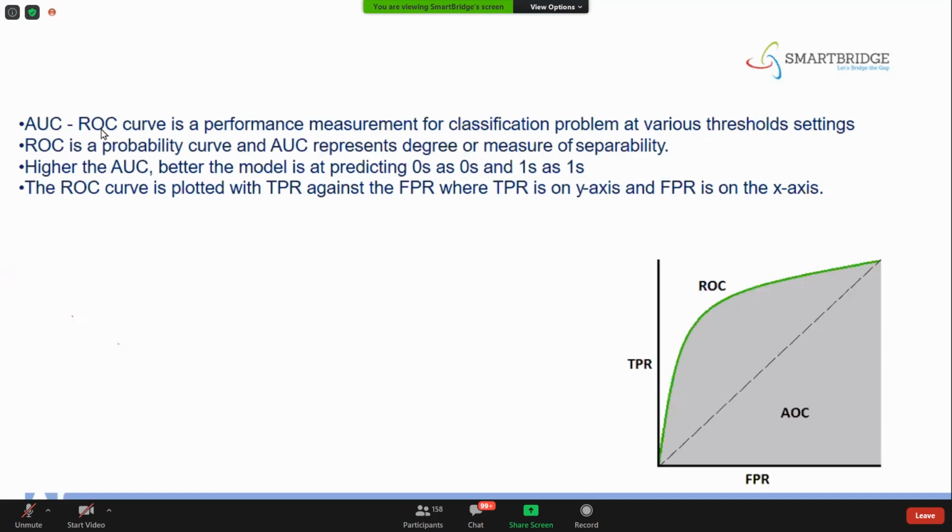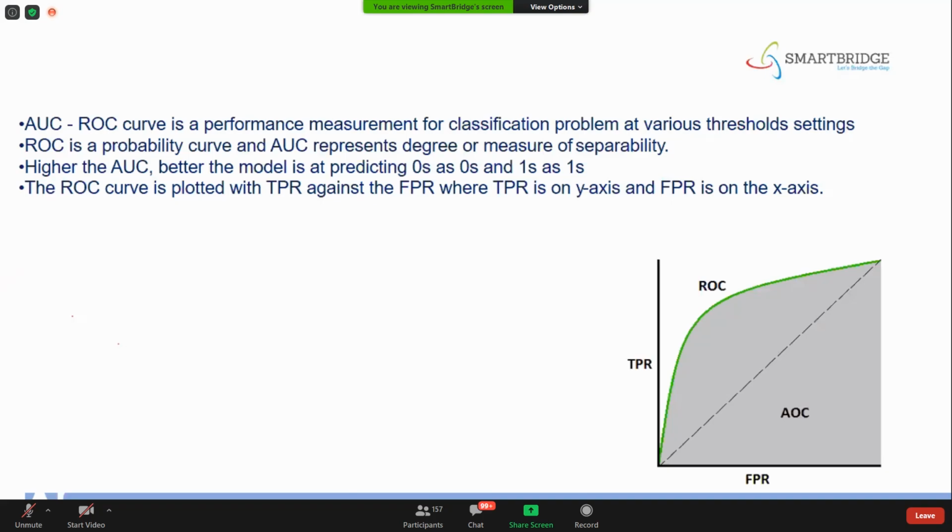ROC is the probability curve and AUC represents the degree or measure of separability. Separability is nothing but how well your model is predicting yeses as yes and no's as no, how well it is able to distinguish between the observations.